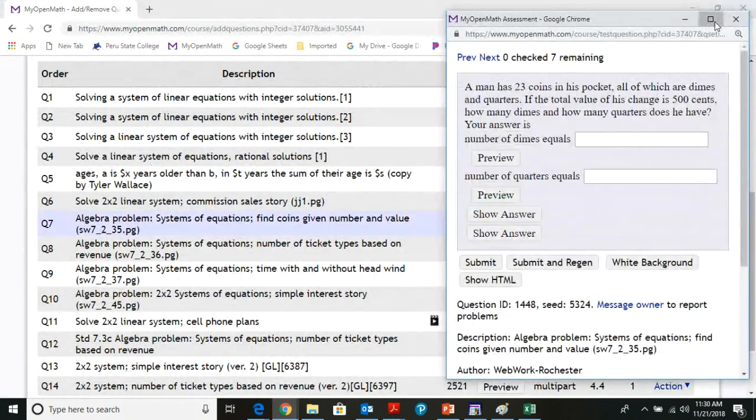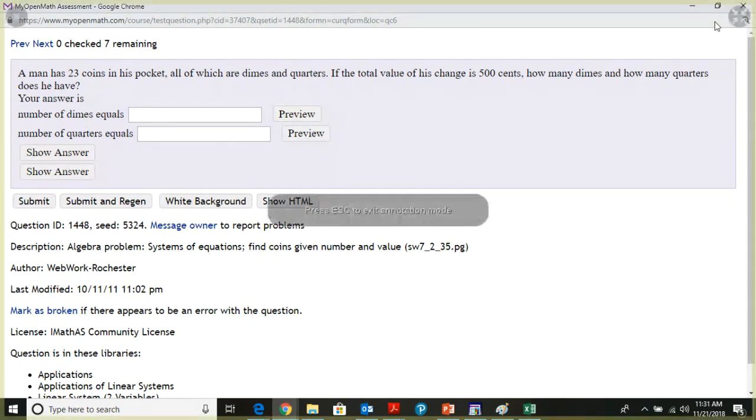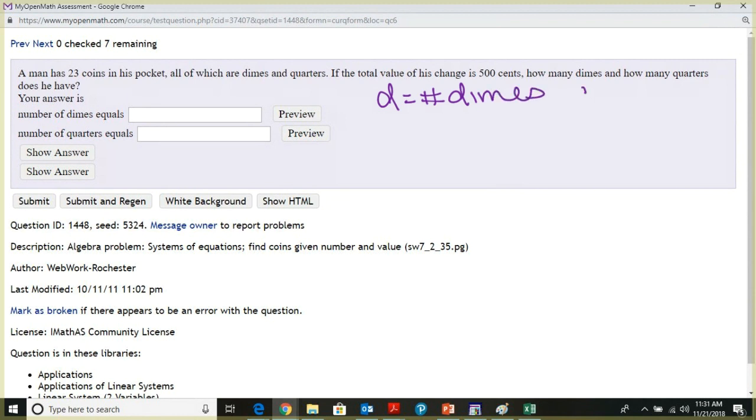Number of coins based on value. All right, so it says a man has 23 total coins in his pocket. All of them are dimes and quarters. So we are going to let D be the number of dimes, and we'll let Q be the number of quarters.